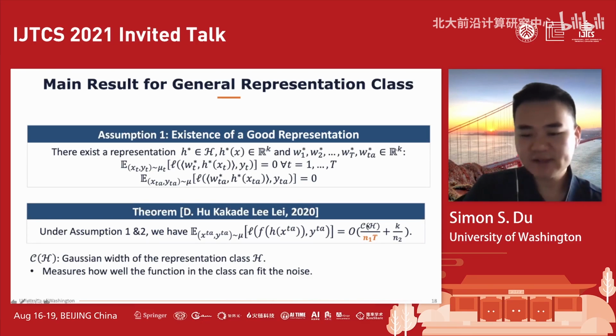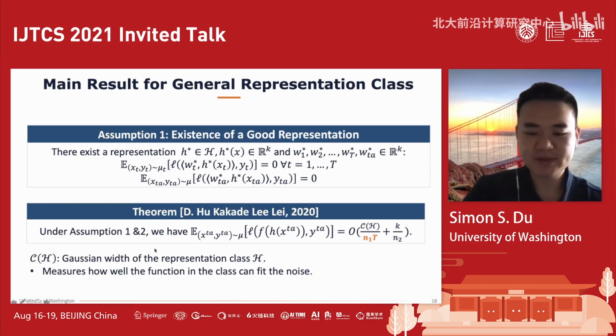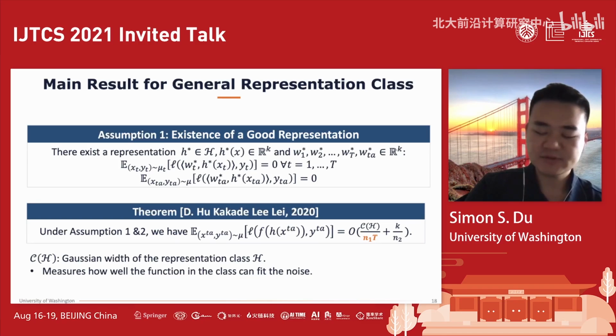Instead of dk as in the linear representation, we have CH over n1t, where CH defines the Gaussian width of the representation class. It's a complexity measure of the function class, measuring how well the function can fit noise. You can also plug in other function complexity measures, including those for neural networks. So this shows we can extend this theory to general function classes as well.